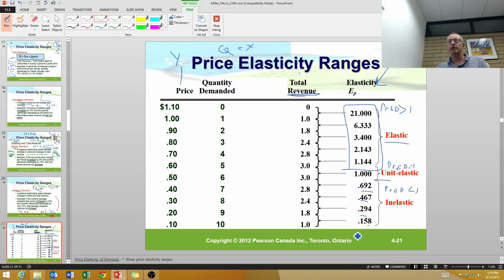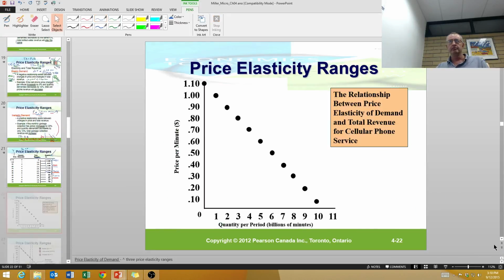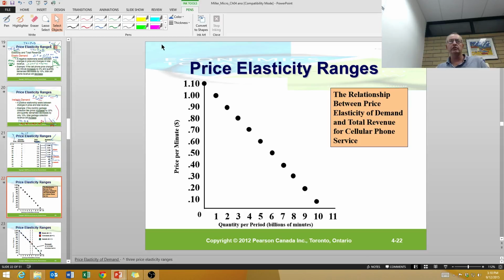So now we're going to plot this data on a little chart here. This is our demand curve. Here's our quantity on the bottom, and here's our price on the side. In this case, the product is cell phone minutes. Just to give you a heads up on how to look at this, let me use red here.